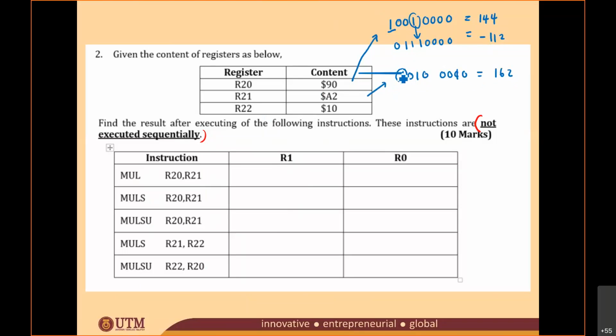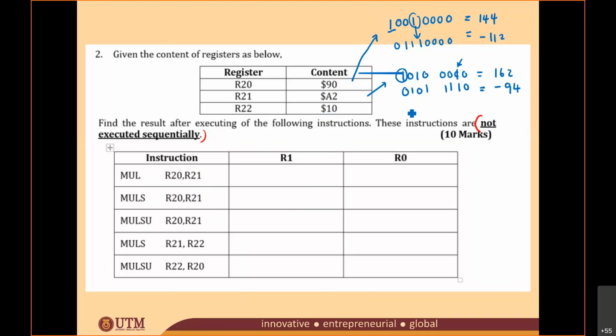Since bit 7 is 1, you need to do the second complement. Find the first 1, this is your first 1, copy back the value, and the rest you just invert. Then you get negative 94. Last but not least, your R22.